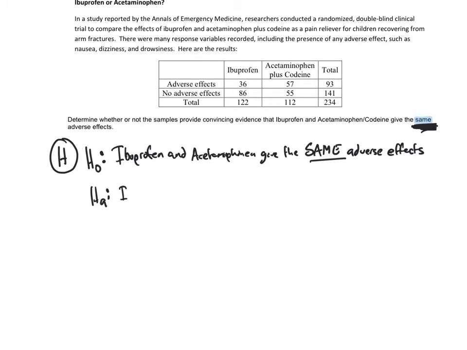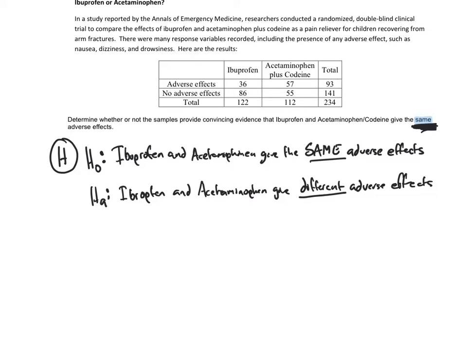Alternatively, we're just going to repeat it, and instead of saying the same, we're going to say different. So we've got the same and different.